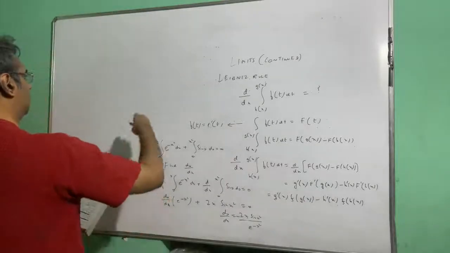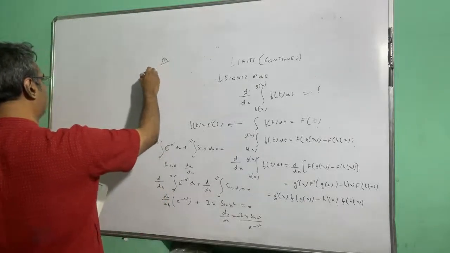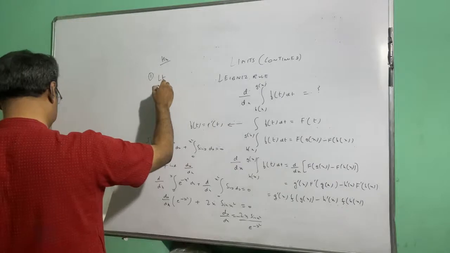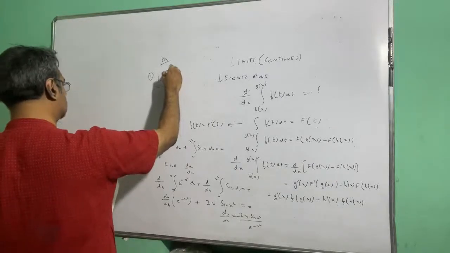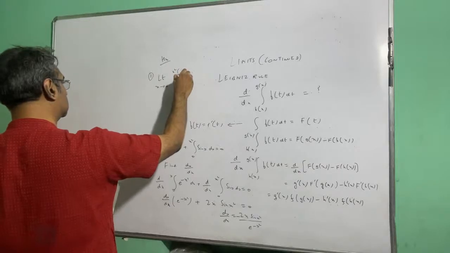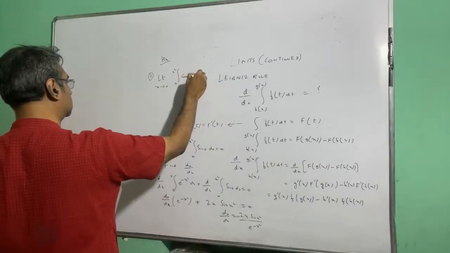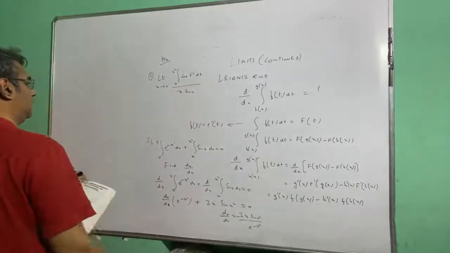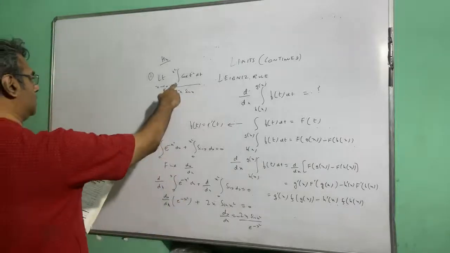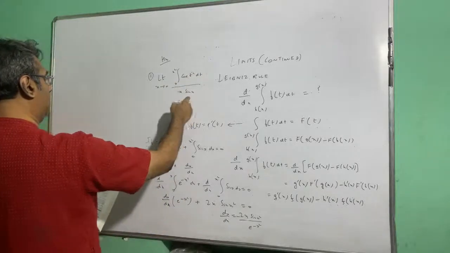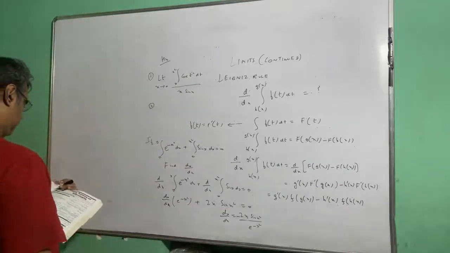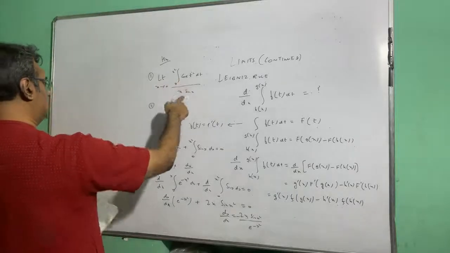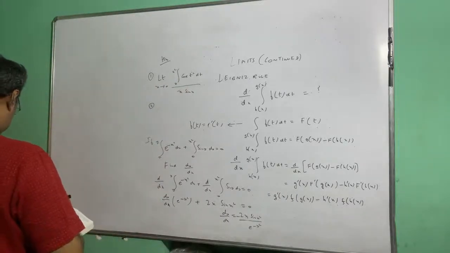So this is the homework I am giving now. The first question is the limit as x tends to 0 of the integral from 0 to x square of cos t square dt, divided by x sin x. You have to find this limit. This is the first homework question.